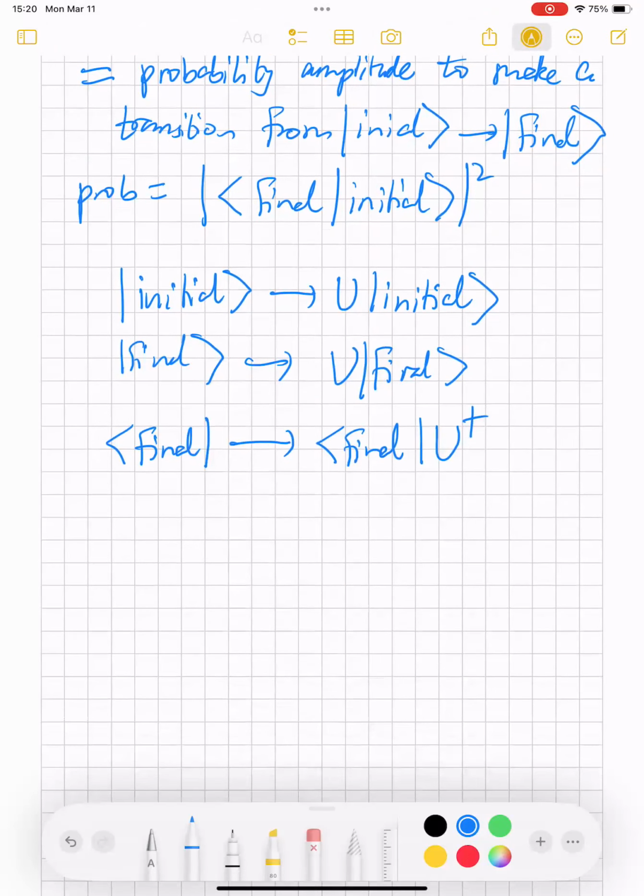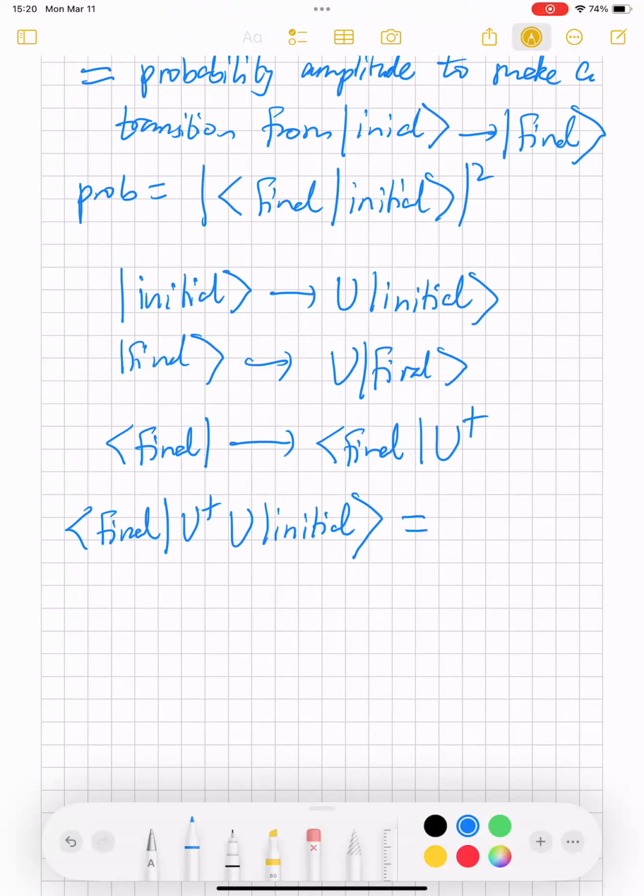If time translations are unitary operators, then we have final U dagger U initial. So this is the probability amplitude to make a transition from the initial state to the final state, but calculated tomorrow, because I'm using all of the states that have been shifted to tomorrow.